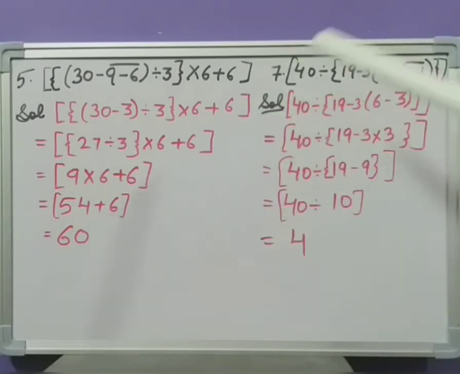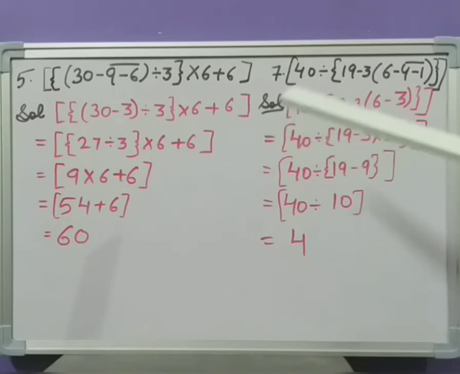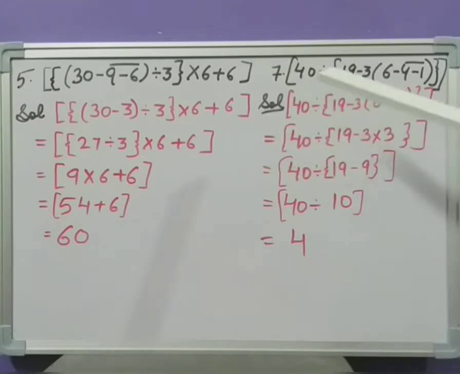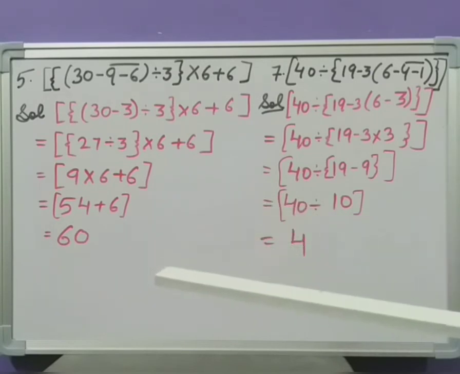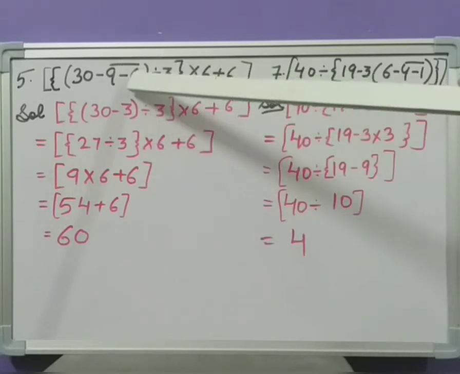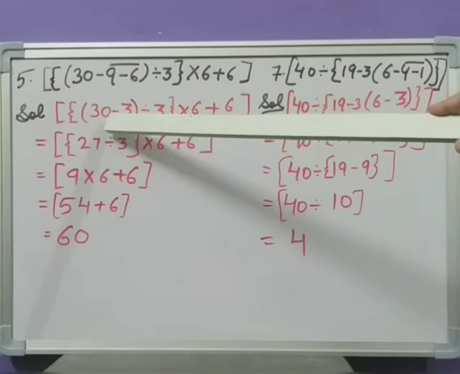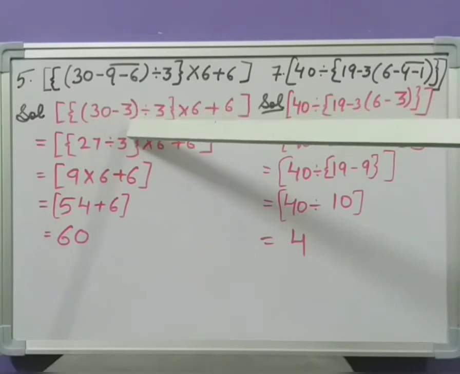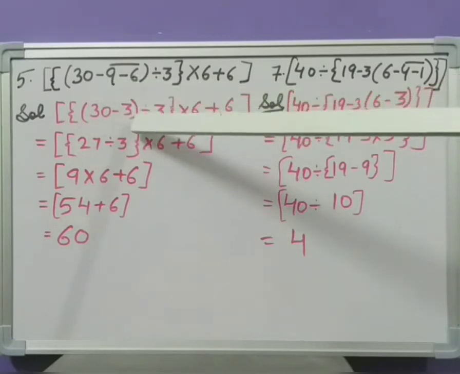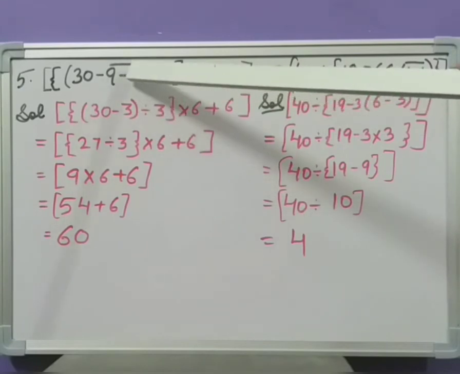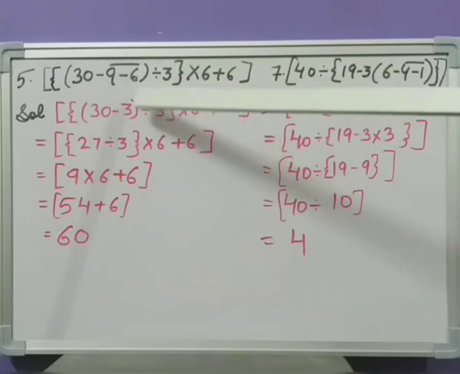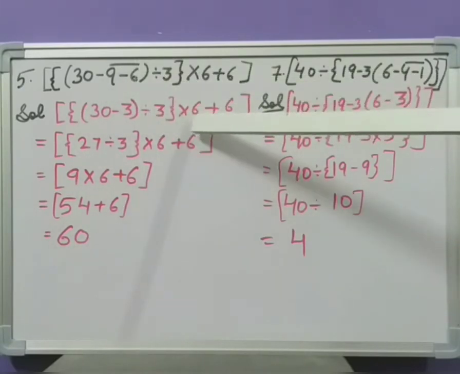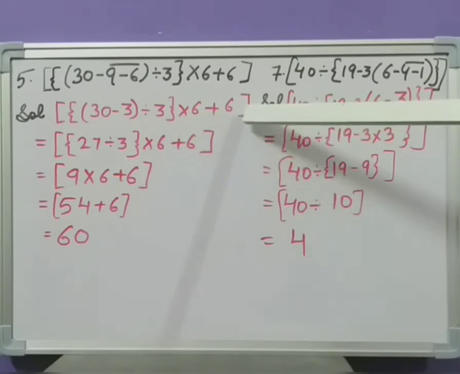Number 5. Now again a variety of symbols here: brackets, curly brackets, small brackets, bar, addition, division, subtraction, multiplication. Let us solve it. It is very easy. First of all we are going to solve the bar. So 30 minus 3. 9 minus 6 gave us 3. Now the bar has been collapsed. Now divided by 3, then multiplied by 6 plus 6.